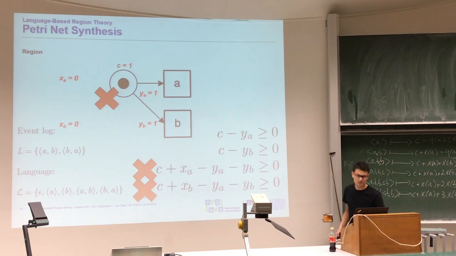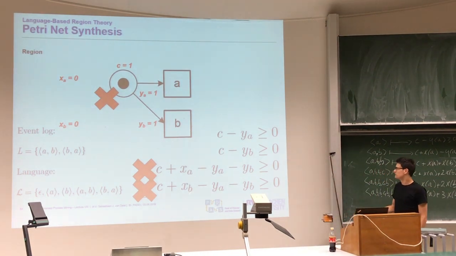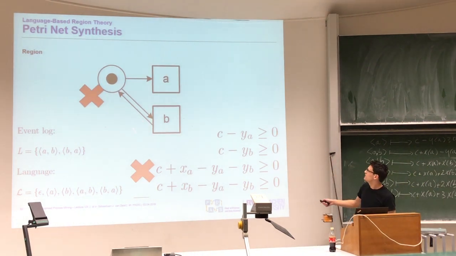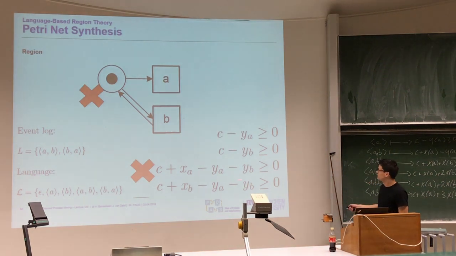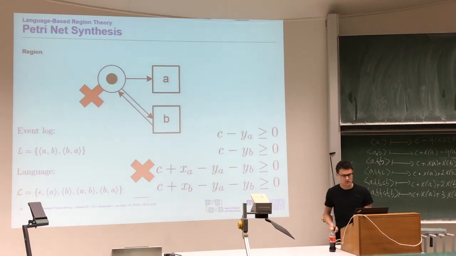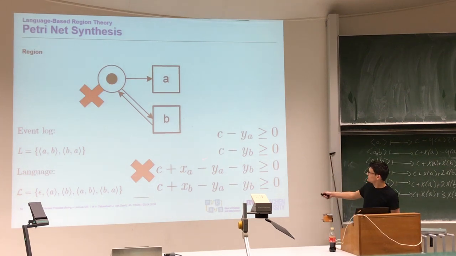And the same holds for the second one: 1 plus 0 minus 1 minus 1 is not greater than or equal to 0. If we add xb, then this last one would become okay, because we would have 1 plus 1 minus 1 minus 1, so 2 minus 2 is 0. But this one is still false, so c plus xa.